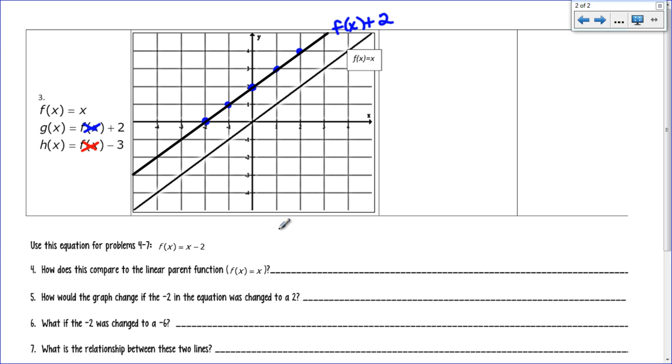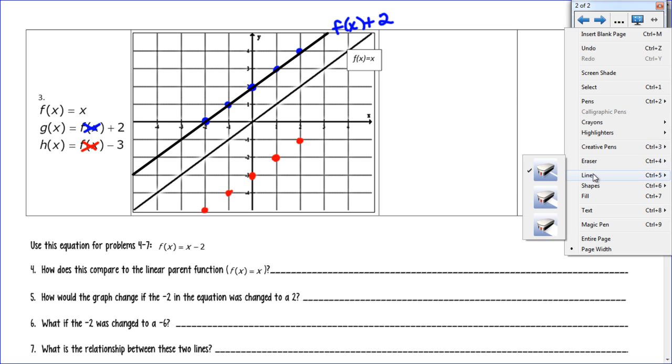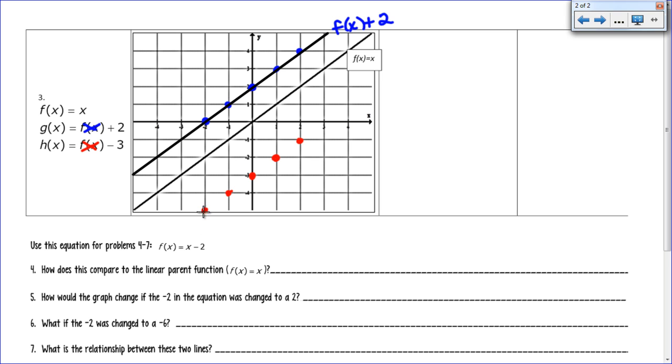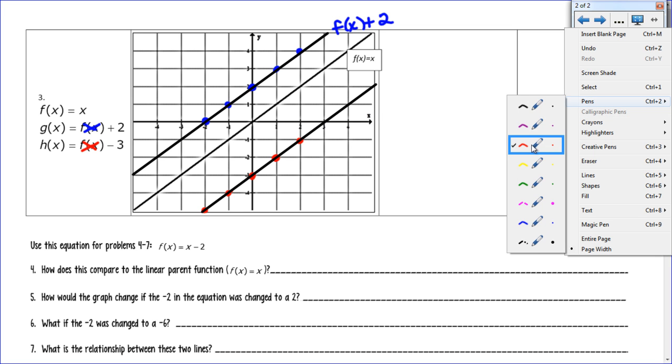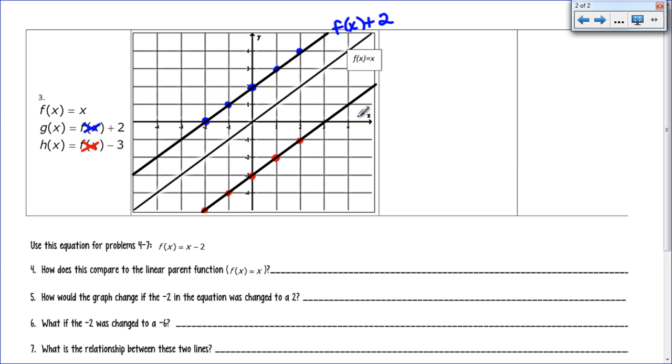So this is like saying x minus 3. So my y-intercept's negative 3. It's going to go up 1 and over 1 for my slope. I can make my line. And it's parallel to the other two because it has the same slope. So this one is the f of x minus 3.